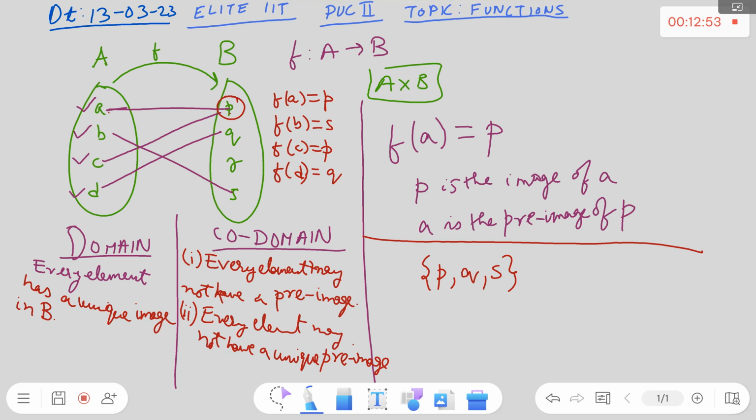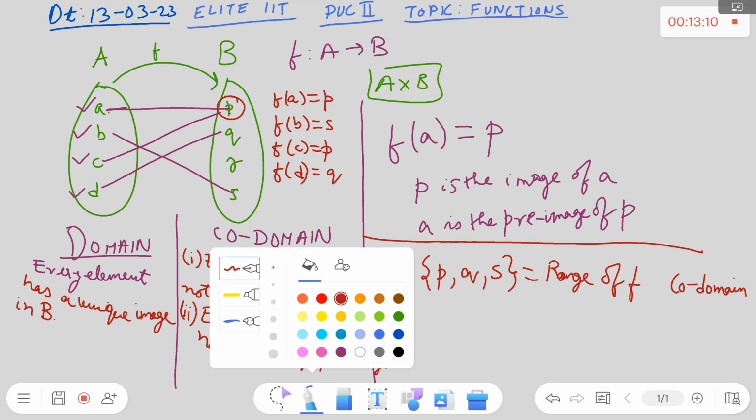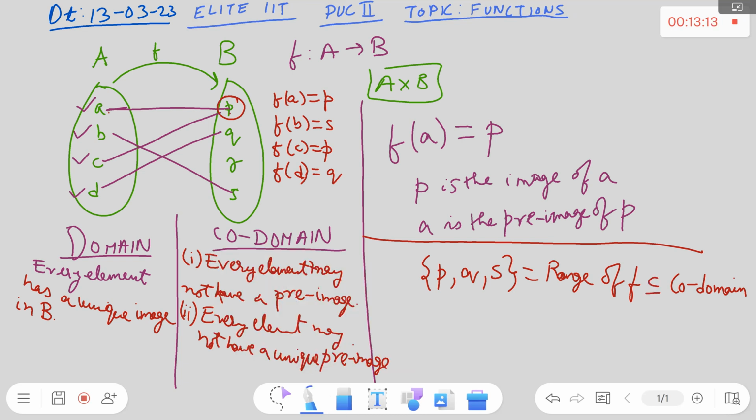And remember, this range of f is always a subset of the codomain. Not a proper subset, but simply a subset, because it can be equal to the codomain. I said every element may not have a pre-image, but it may have a pre-image. Okay? So the range of f is a subset of the codomain.